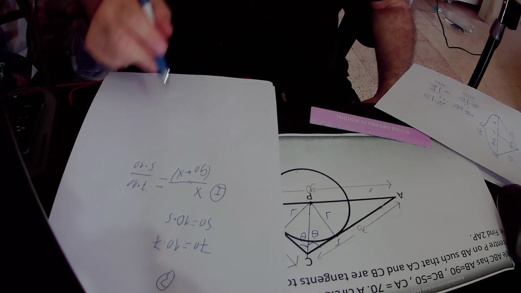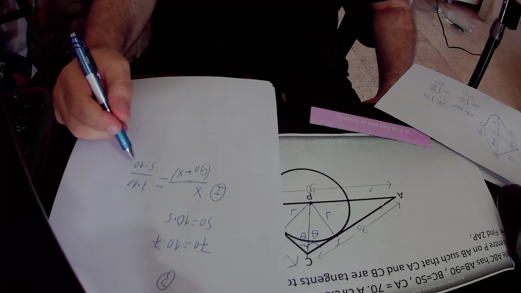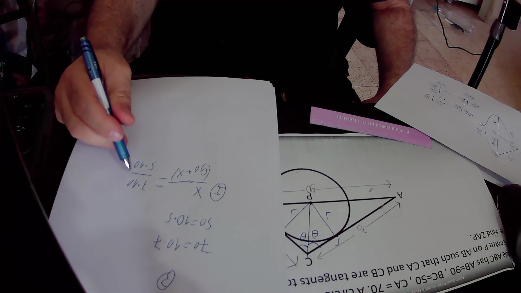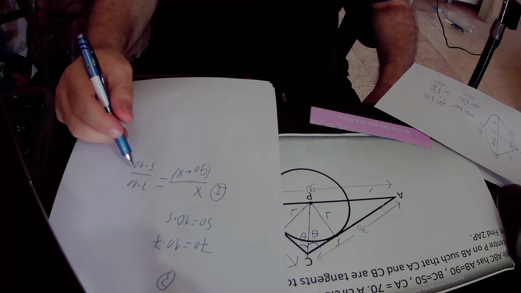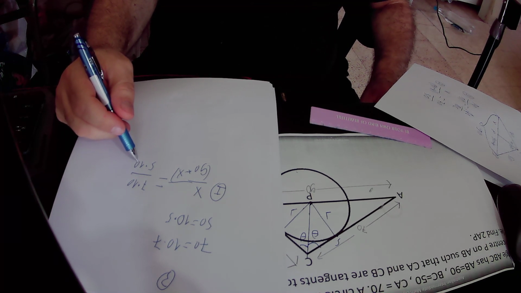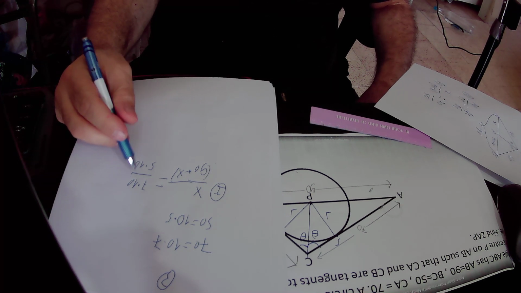As you can see here, on this side of the equation we have 10 in the numerator and 10 also in the denominator. So we can cancel 10.